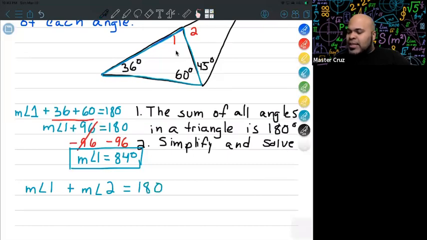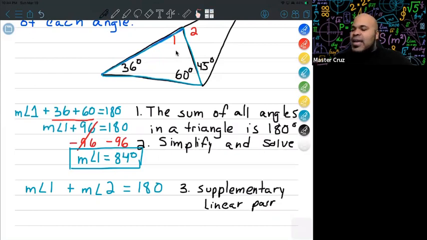We talked about this last time: supplementary angles measure 180 degrees. They form a linear pair. So that's the reason I can say these two together will equal 180 degrees, because they form a linear pair.